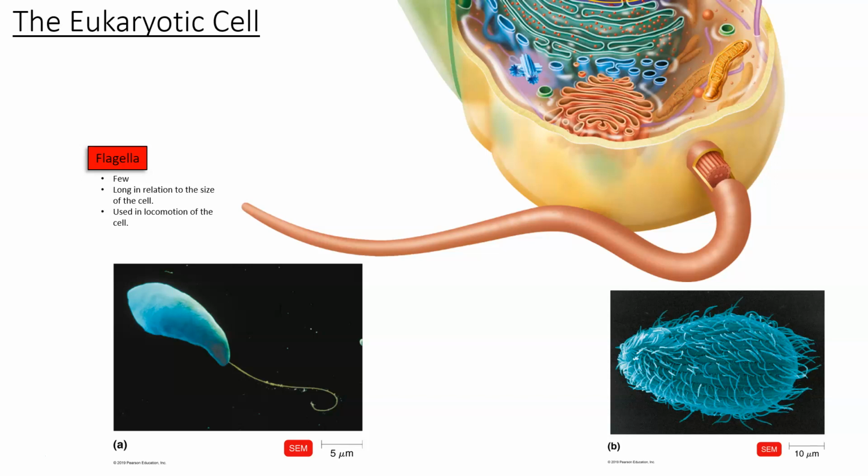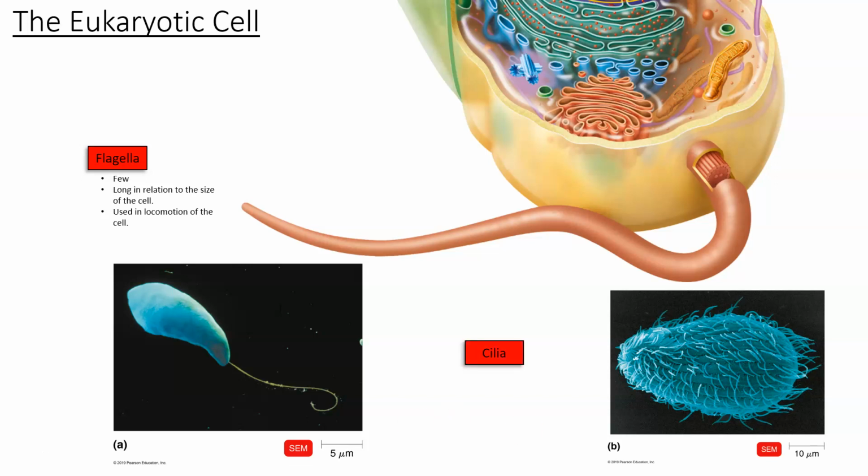Most of the time in eukaryotic cells, the flagella are going to be singular or just a few, whereas if you remember, there are bacteria that have flagella that totally cover and surround the outside of a cell. You don't typically see that associated with eukaryotic cells. They are, just like in prokaryotes, long in relation to the size of the cell, and the function is relatively similar in that they are used to help move the individual cell.